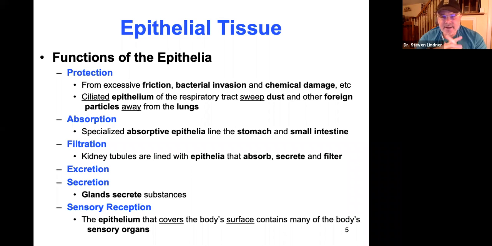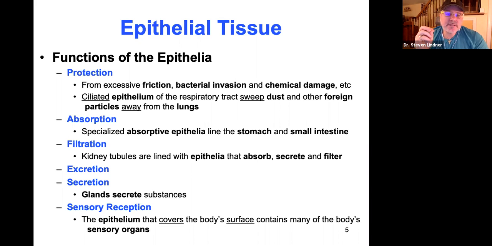There's ciliated epithelium. Cilia, we've seen that when we covered the cell. The cilia or ciliated epithelium, we're going to find that in the respiratory tract, especially in the trachea. There are these ciliated epithelium, and the cilia are beating rhythmically from inferior to superior. And on the cilia, there's also mucus.